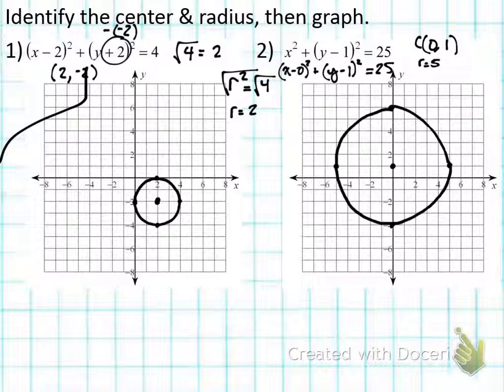Okay. So why don't you turn to your neighbor? 1 sell 2 is about number 1. 2 sell 1 is about number 2. Ready, set, go. Okay.